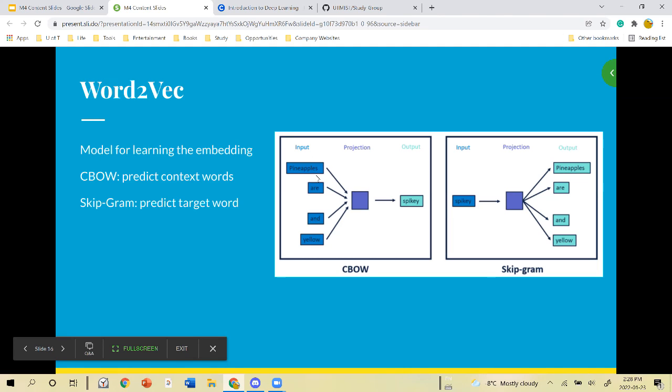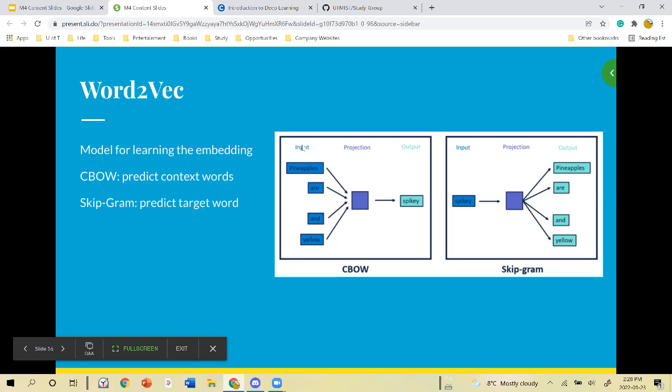The sentence is supposed to be pineapples are spiky and yellow. In this one, did I make a mistake here? Sorry. In this one, you're trying to predict the target word. I'm so sorry.